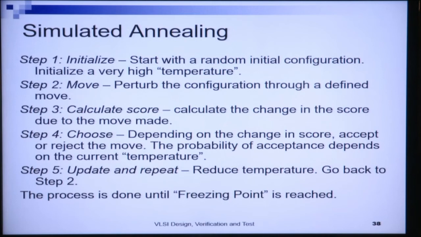Then we generated an initial solution and initial allocation of functional units and hardware registers to the operations and registers, and that gave me a cost of the initial solution in terms of the number of functional units required, the area cost of the functional units, the area cost of the registers, and the area cost of the associated muxes and demuxes.